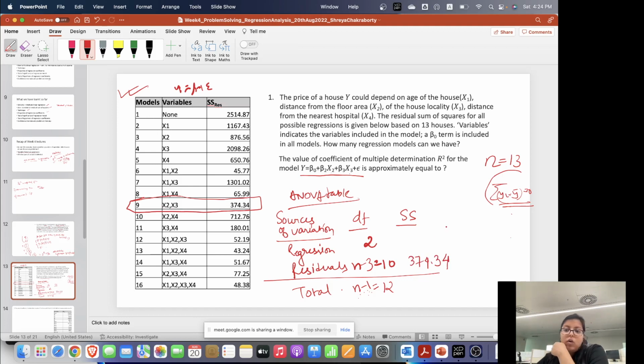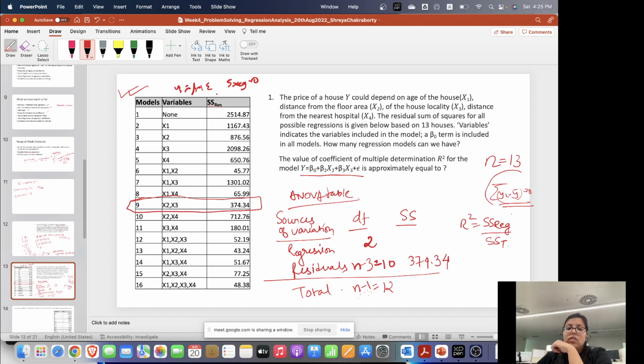Now for R square we want SS regression by SS total. If you observe carefully, this model y equal to beta naught plus epsilon is without any regressor. So whatever the residual sum of squares is here, because SS regression is 0, the entire thing is only SS residual, since it's not dependent on any of our predictors.